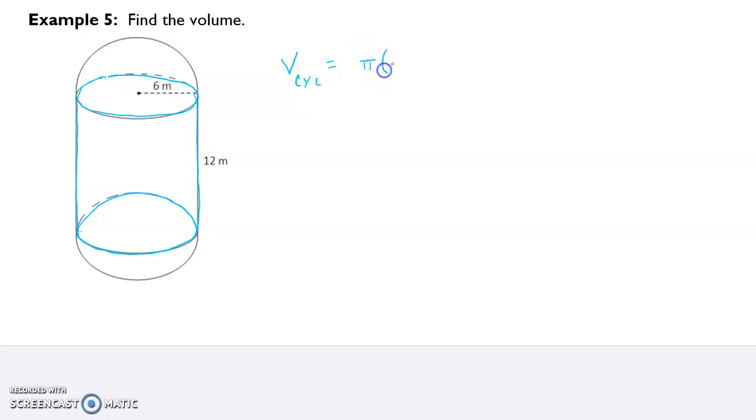So pi times 6 squared times the height, which is 12. 6 squared times 12, we get a volume of this cylinder of 432 pi meters cubed.